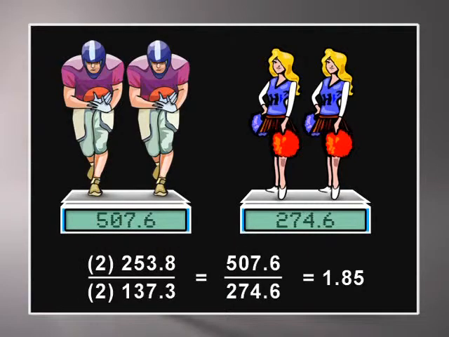Well, hopefully you realize that the ratio is still 1.85. In fact, as long as we take equal numbers of football players and cheerleaders, this ratio will still always be 1.85.